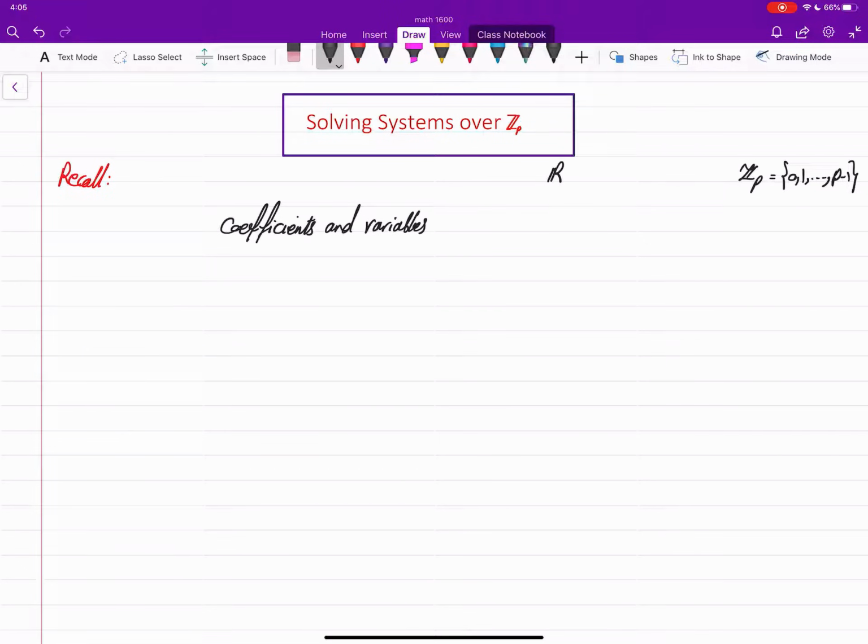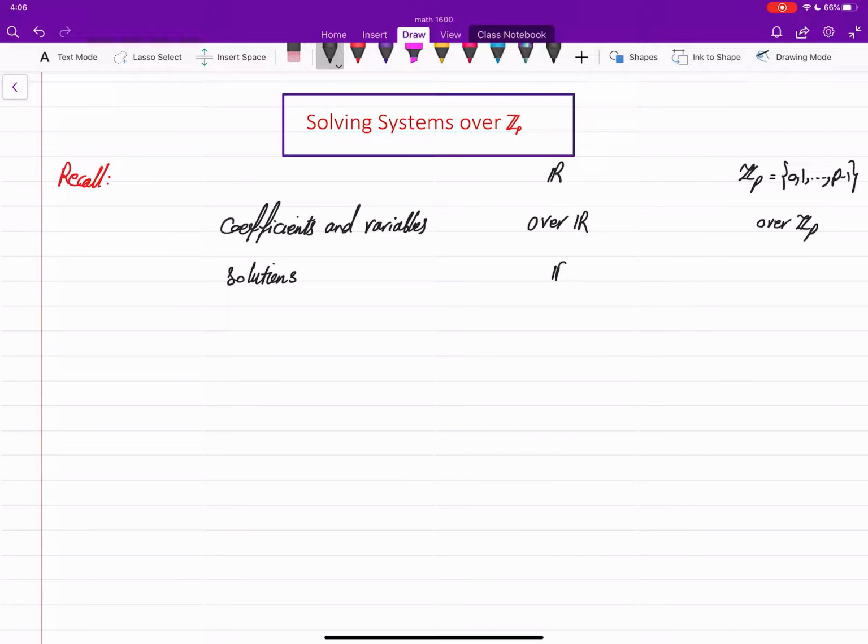If the coefficients and variables come from R, then we say it's an SLE over R, or we say it's an SLE over Zp. The solutions of such SLEs come from, if we have n variables, vectors with n components.